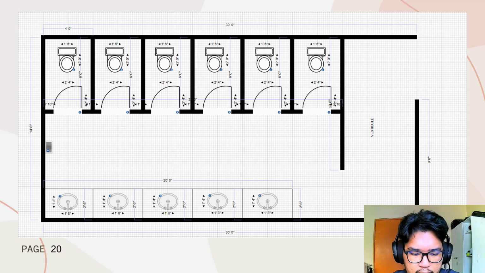Now the second part is we design the restroom based on the occupants. As mentioned before, the occupancy during the festive season is 11, so there should be about 6 toilets and 5 sinks to accommodate 11 people.